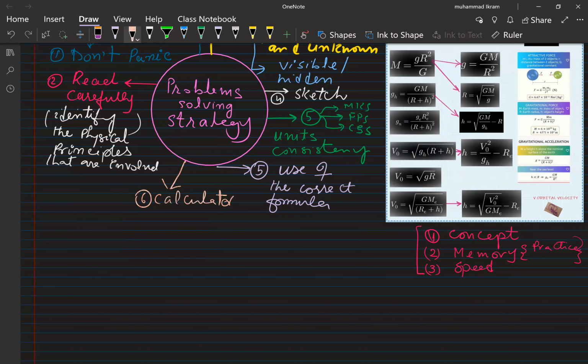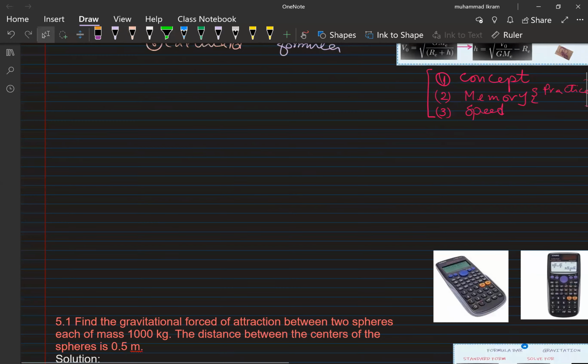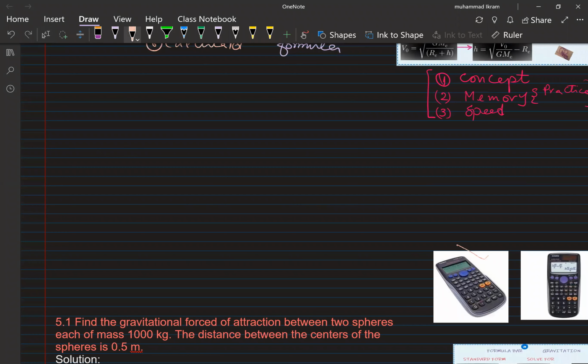Therefore you must use a calculator, and it must be a two-line display calculator like this one. I'm not just telling you that you should buy these, but these might be the options.